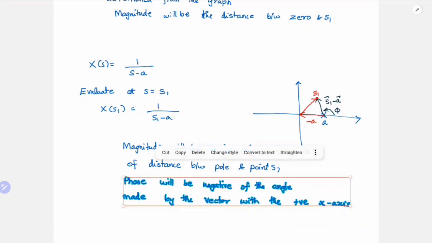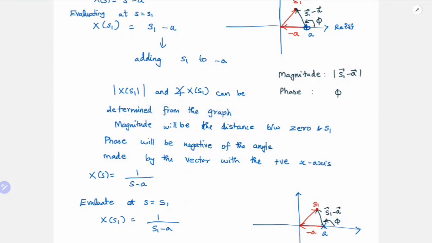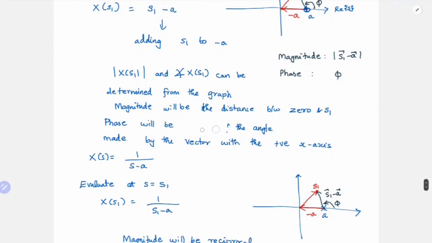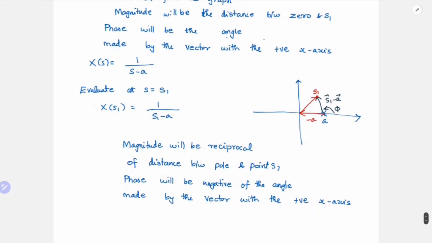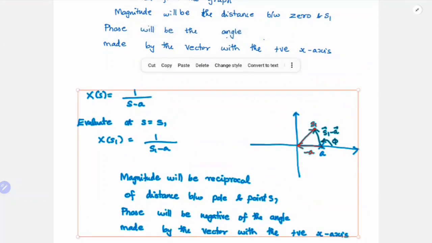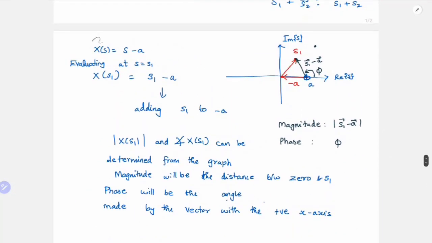So what about for 0? We already saw it is just phi itself. So this will be the same, just the angle, right? Angle made by the vector with the positive x-axis. So let me just differentiate and write it as 0 and the pole.